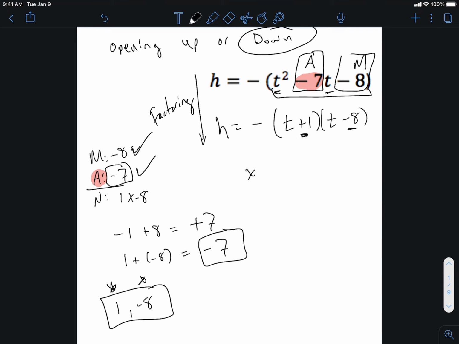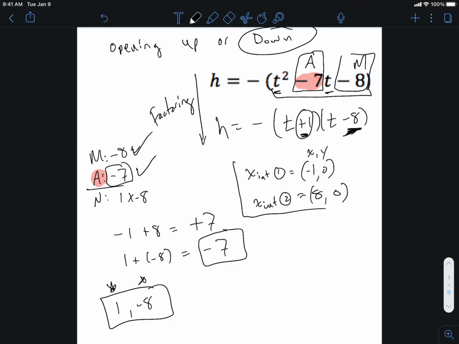So x-intercept 1 is going to be when t equals -1, right? It's the opposite sign. So it's at -1, 0 is the first point, right? Because it's always x and y. The second x-intercept is always the opposite sign, 8, 0.